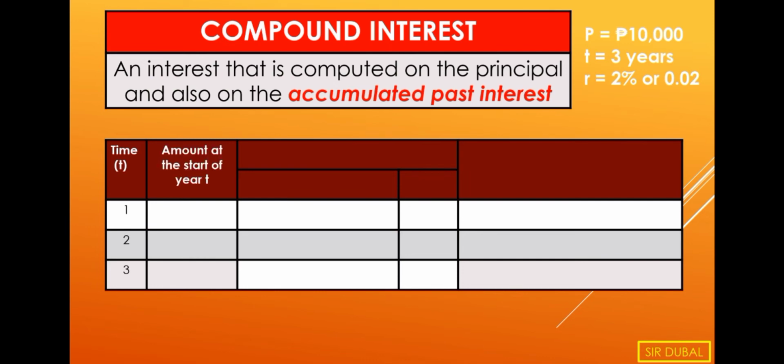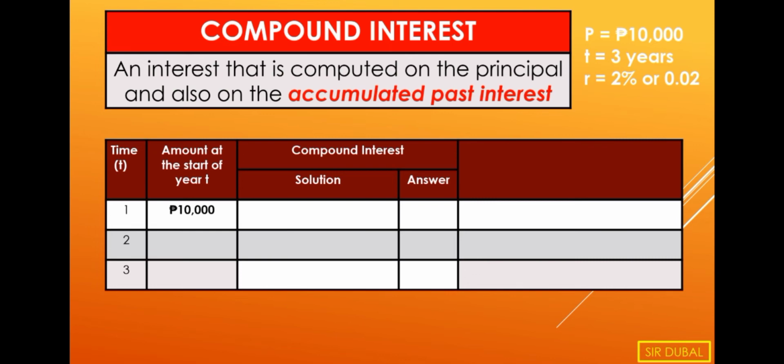The second column will be the amount at the start of year T. So we all know that the amount at the start of year T is 10,000 pesos. For the third column, we're going to have the compound interest, and we're going to have another column for the solution and for its answer.